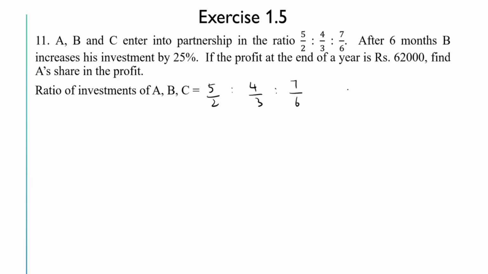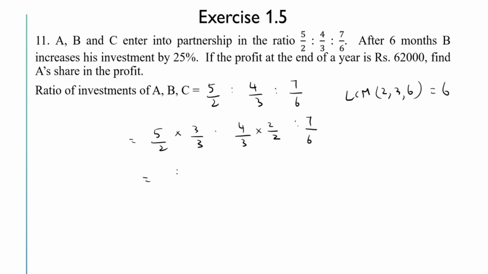Now let us make it a whole number. LCM of 2, 3 and 6 is 6. So this is equal to 5/2 into 3/3 : 4/3 into 2/2 : 7/6, or 15/6 : 8/6 : 7/6.